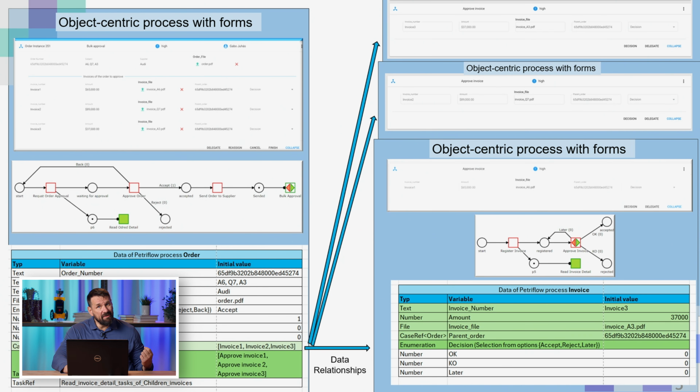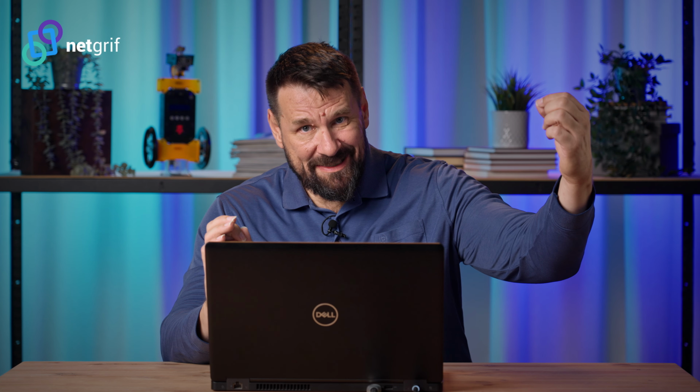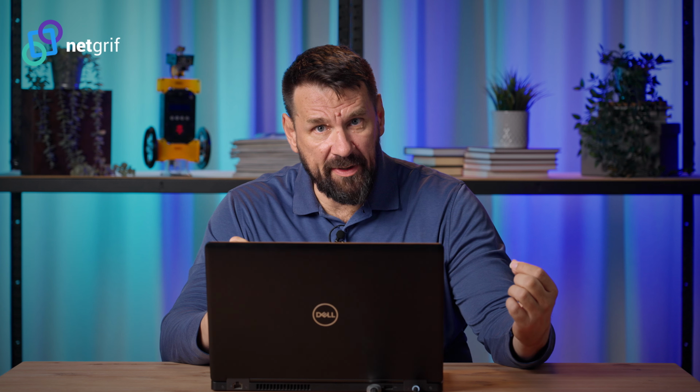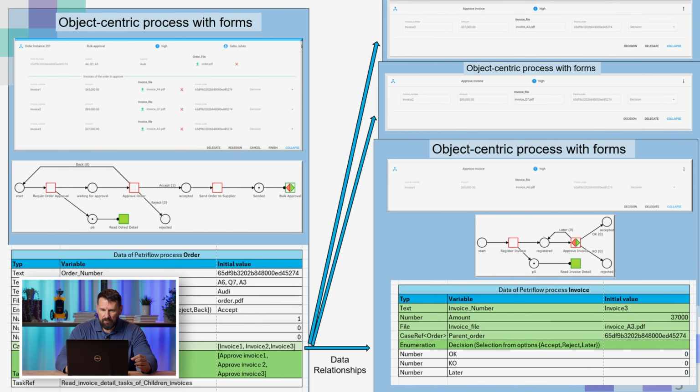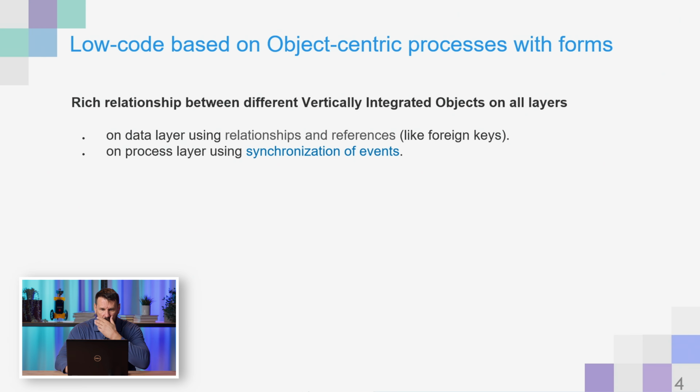So we do not only have references between objects themselves, but also a data variable value might be a task or a form of a different process, as we will see in this running example.